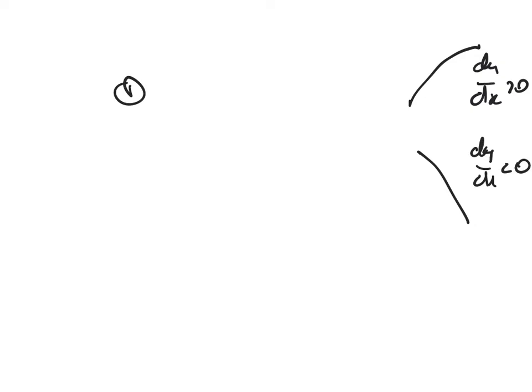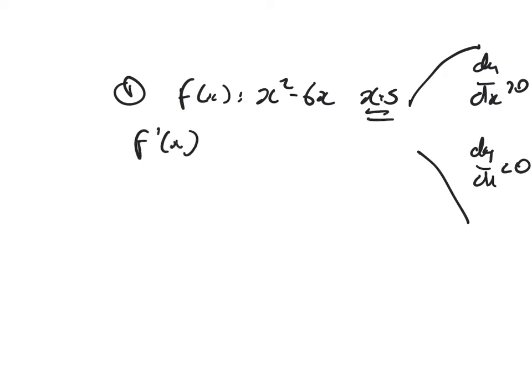Example 1, we're going to state whether the function is increasing or decreasing. The function being f of x equals x squared minus 6x, and we're going to investigate whether it's increasing or decreasing at x equals 5. The first move is to differentiate, because that will give me the function for the gradient. So that's 6x minus 6.